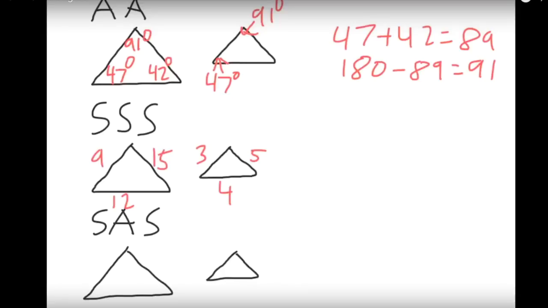So this one we have 2 triangles, one with measurements 9, 12, 15, and one with measurements 3, 4, 5. And we want to know, are they similar? In order to find that out, we did something similar last time when we were talking about similar polygons, we have to set each ratio of sides equal to each other.